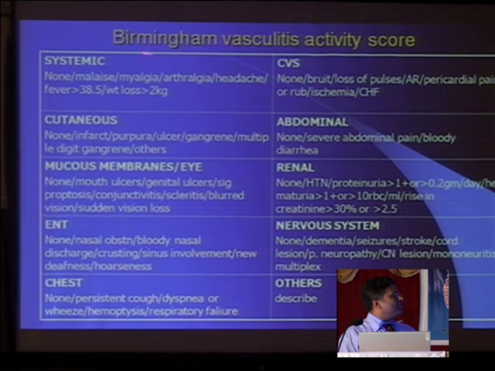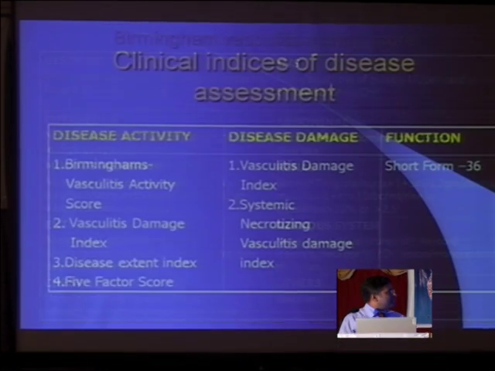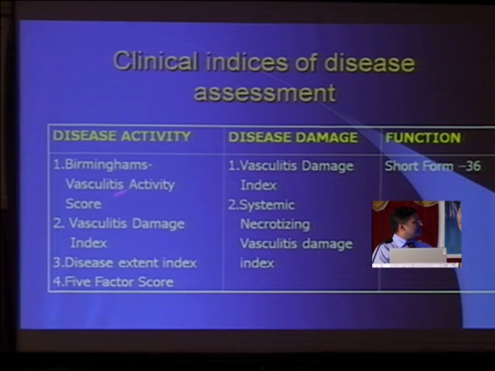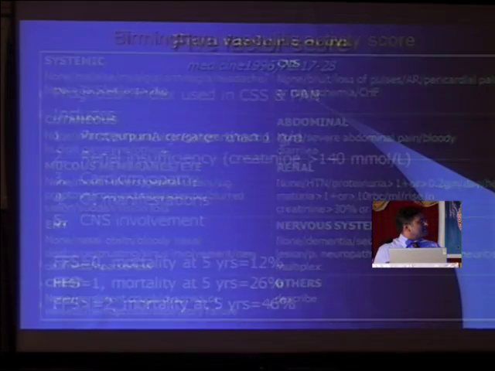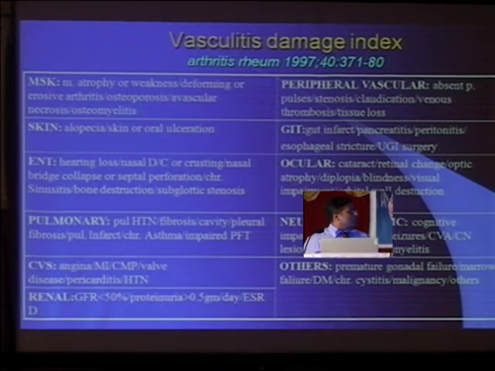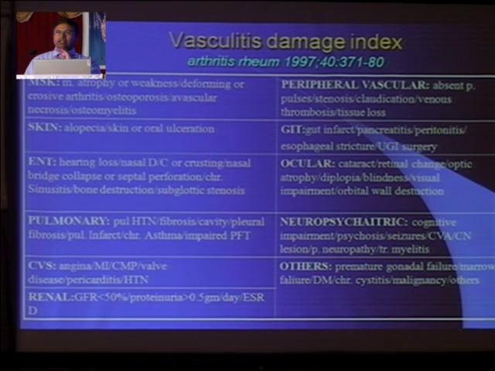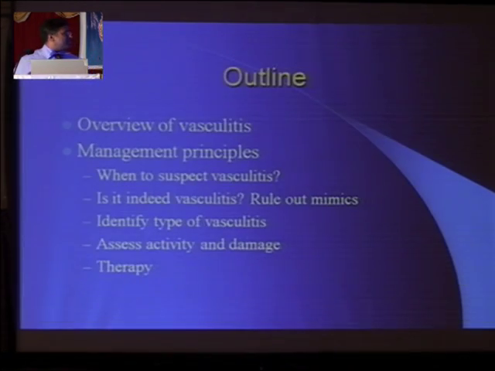Suffice to say that you have different types of scoring system. For example, for activity, you have BVAS, Birmingham Vasculitis Activity Score, you have a damage index, the Five-Factor Score, so different types of scores you try to do. They are just trying to show one score, another score, damage index, but suffice to say, you would like to see whether this person has active disease or is just a residual damage which is left over.